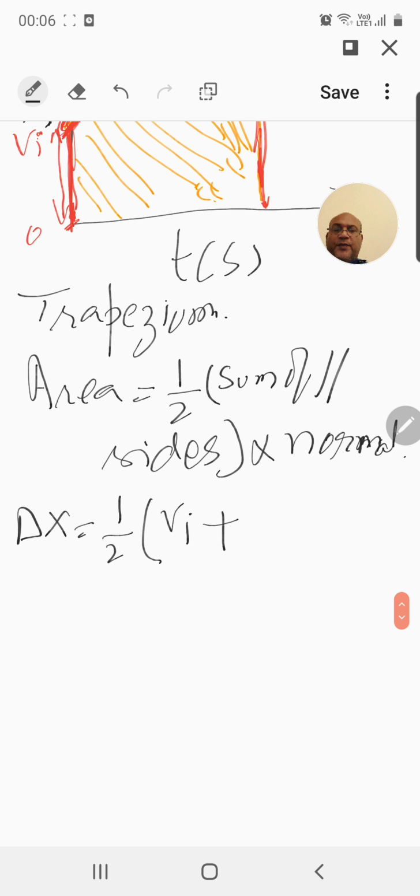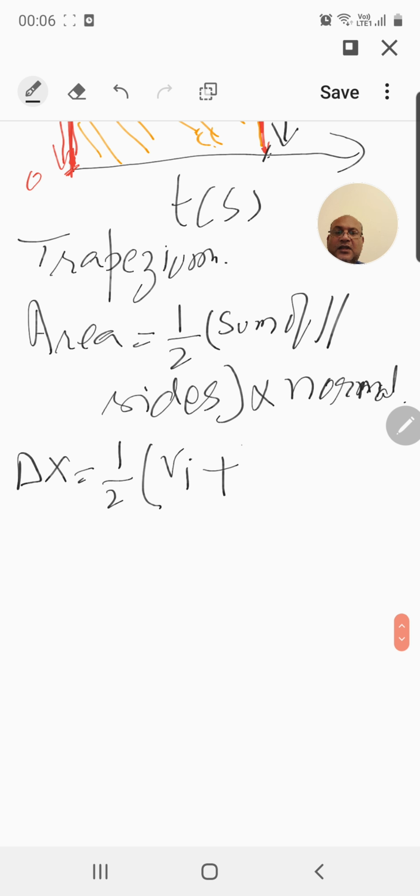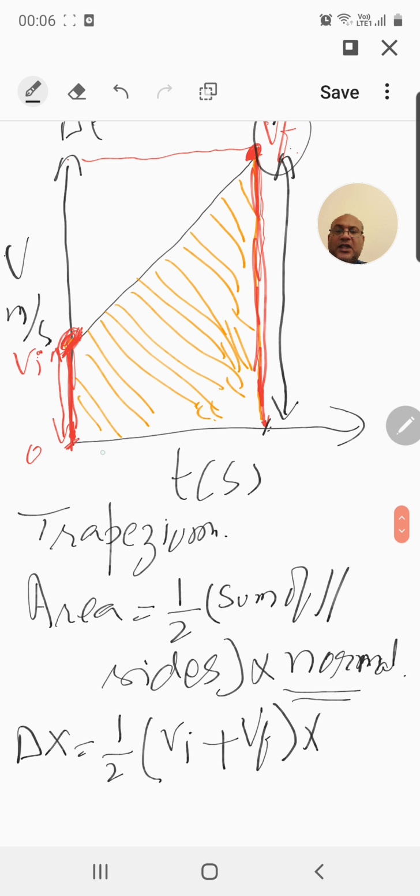And what is the second parallel side? That is vf. So this length, I want to measure this length. The second parallel side is vf minus 0, which is vf, multiplied by the normal. This is the normal, and it is equal to what?